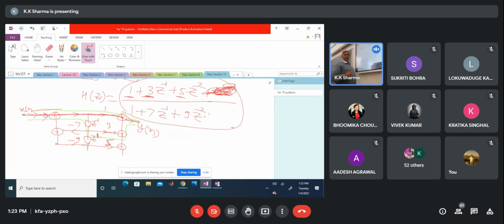A forward path is a path which originates from the input node and terminates on the output node without traversing any node twice. This will also be taught in your control system engineering: how to find forward paths from the input node to the output node.